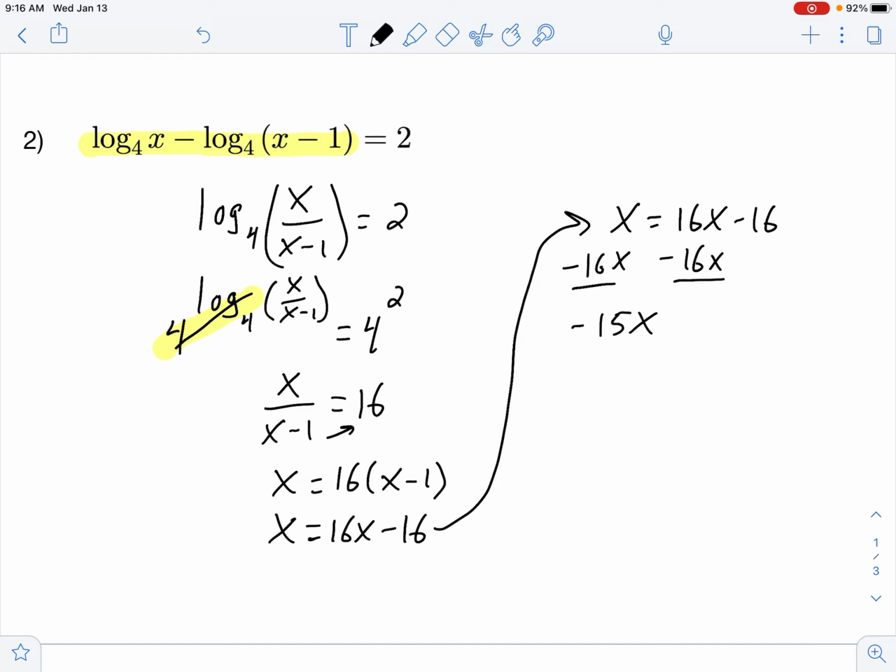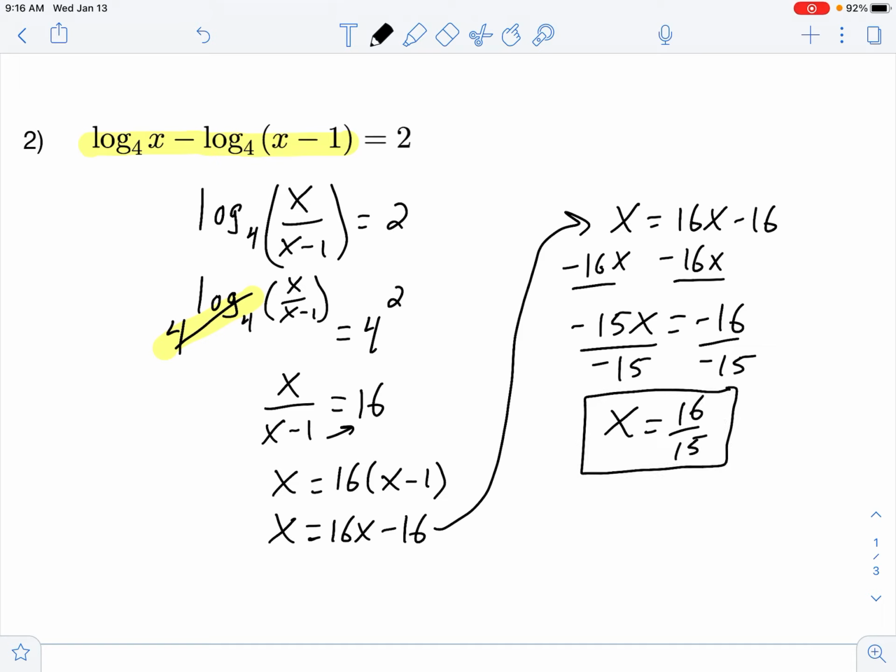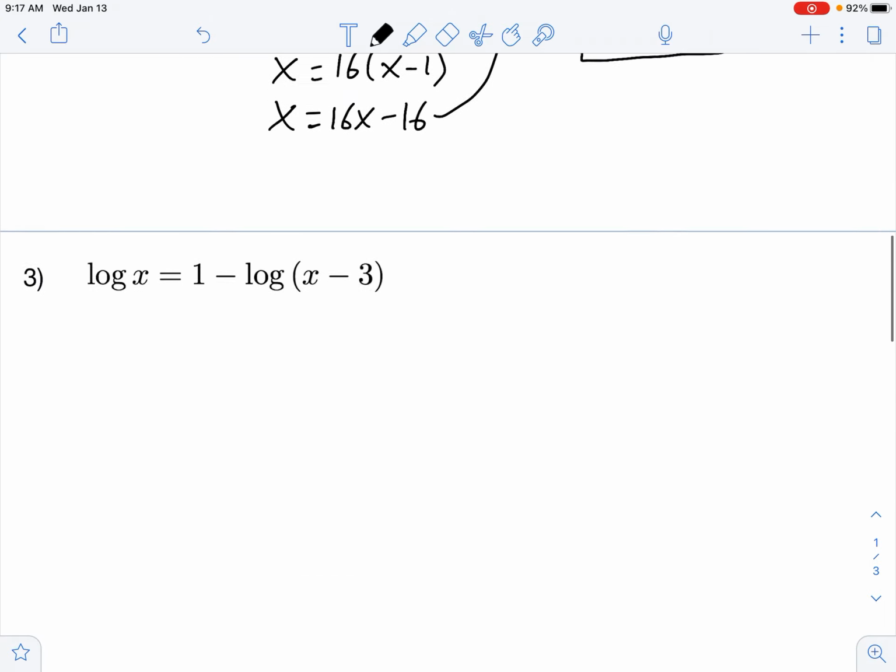And that gives me negative 15x is equal to negative 16. And the last step, we're just going to divide by negative 15. So I get x is equal to 16 over 15. And that is done.